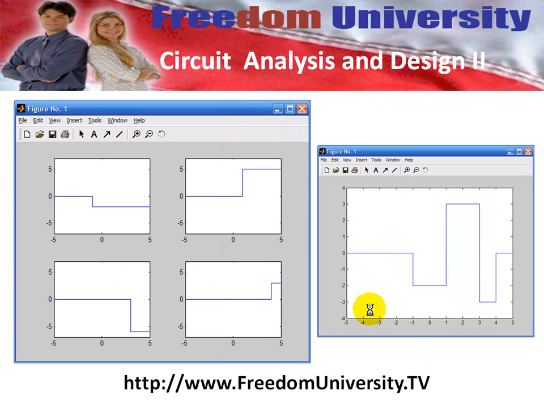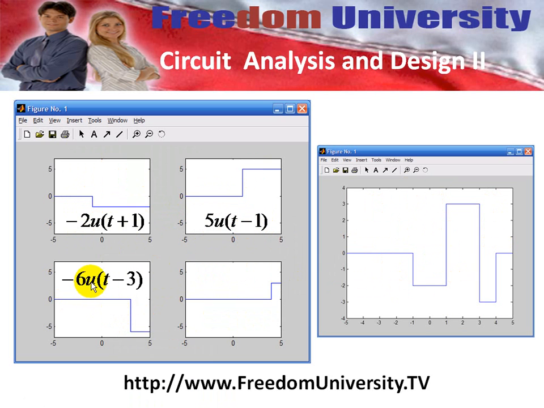Now I have another slide that shows you the breakup of these step functions to add up to this function that we just did earlier. So here this went down minus 2 at time t equal to negative 1. This went up 5 at time t equal to 1.